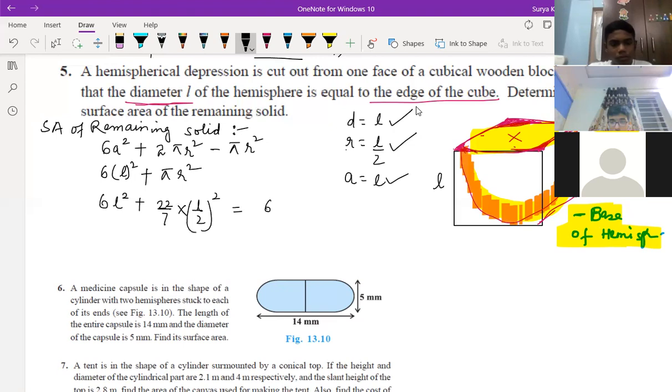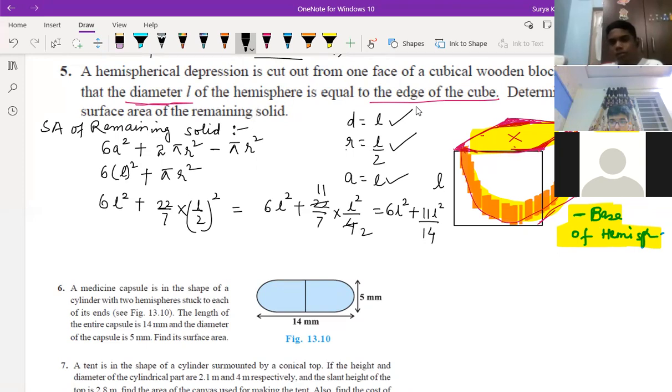So we can write it as 6L square plus 22/7 into L square by 4. Here cancel 2, here 11. So 6L square plus 11L square divided by 14. Huh? What is coming? This is not the pakka answer. We have to decorate this answer, I think.